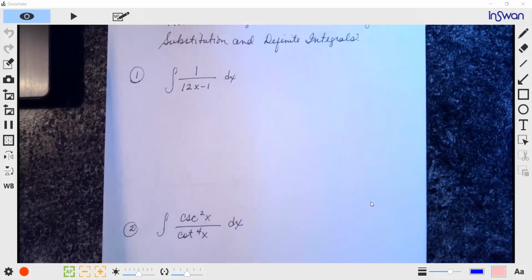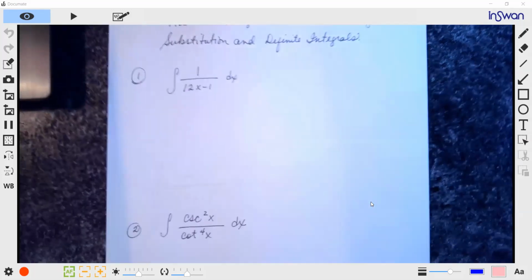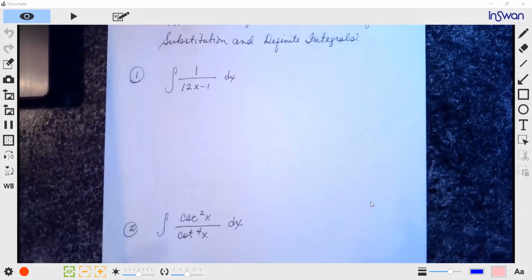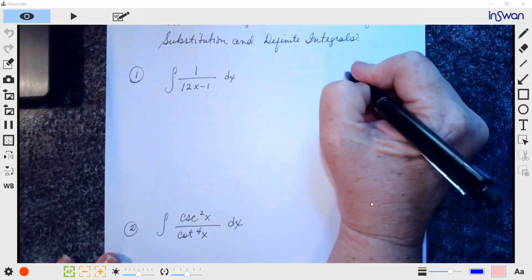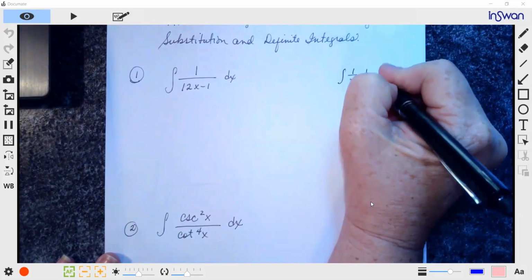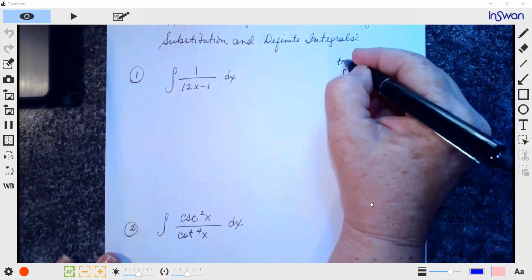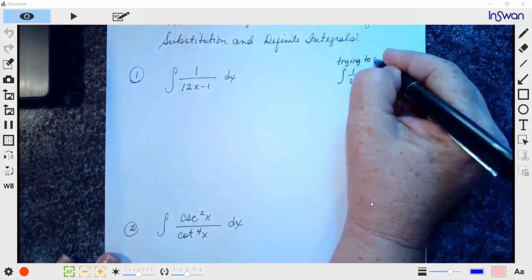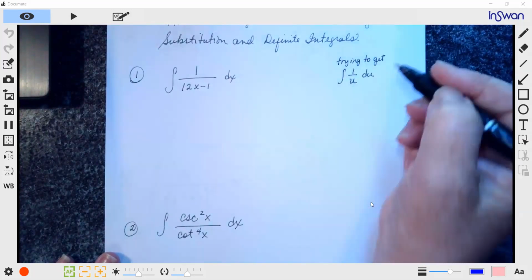So on this one, we've got a little bit more going on in section 5.5. These guys don't exactly match the forms that we have in our list. If you'll remember, when they don't match to begin with, we just rewrite them until they do, and so we use substitution. Okay, so I'm thinking this may be one of those of the form 1 over u du, because I know how to integrate that.